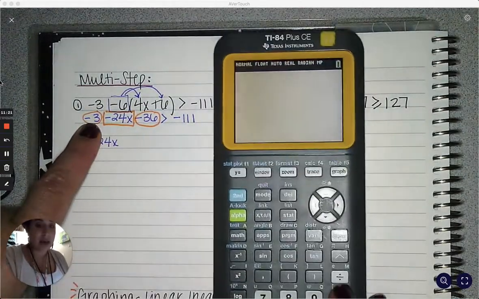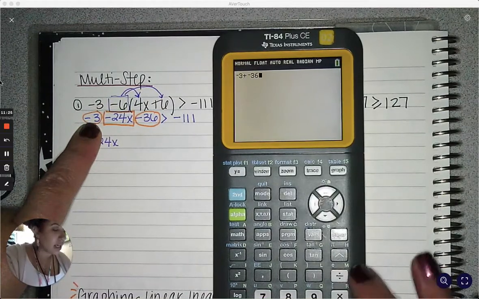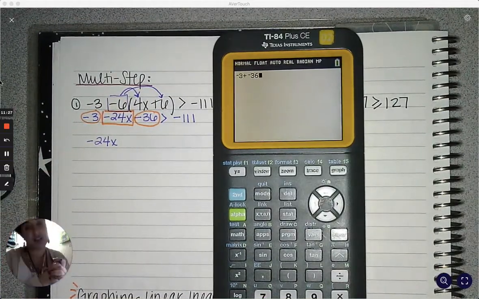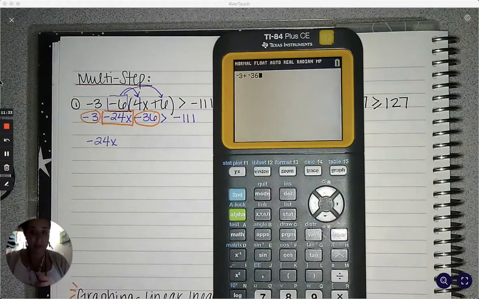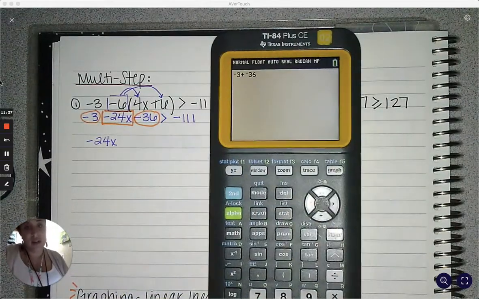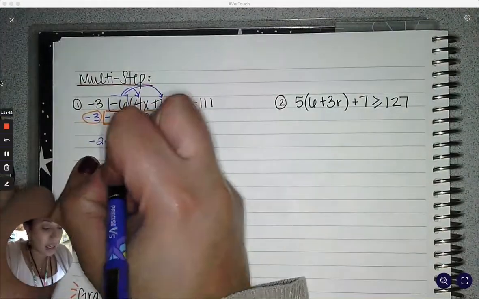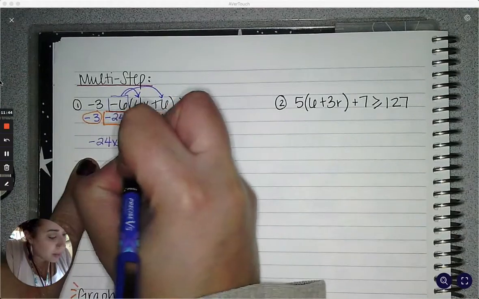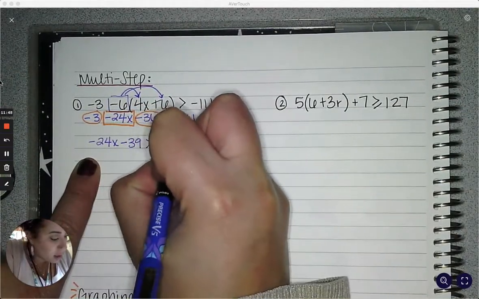So when I combine these like terms in the calculator, -3 plus -36, I want to add them together, because think about it, when you combine things or you combine ingredients, you're adding them all together. Just because they're negative doesn't mean I can't add them together. So hit enter, -39. Okay, so -24x minus 39 is greater than -111.